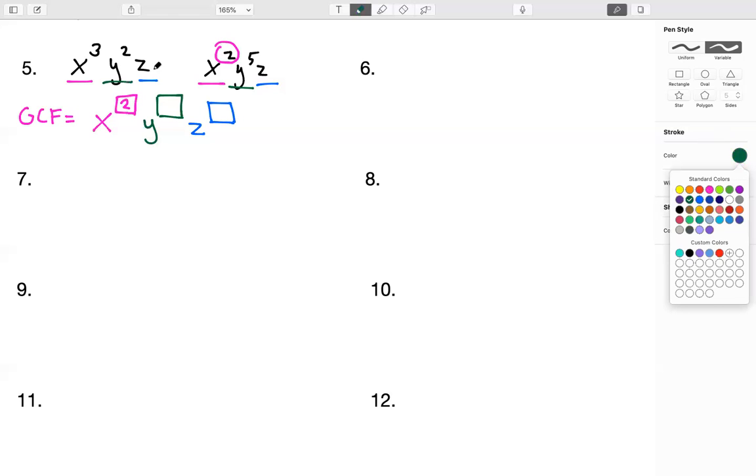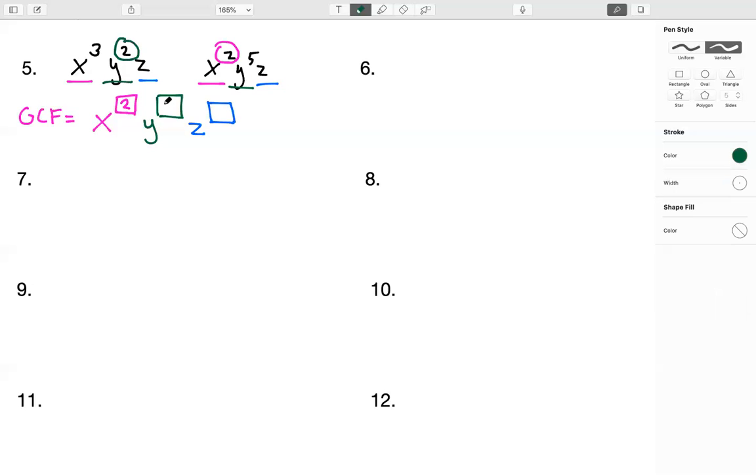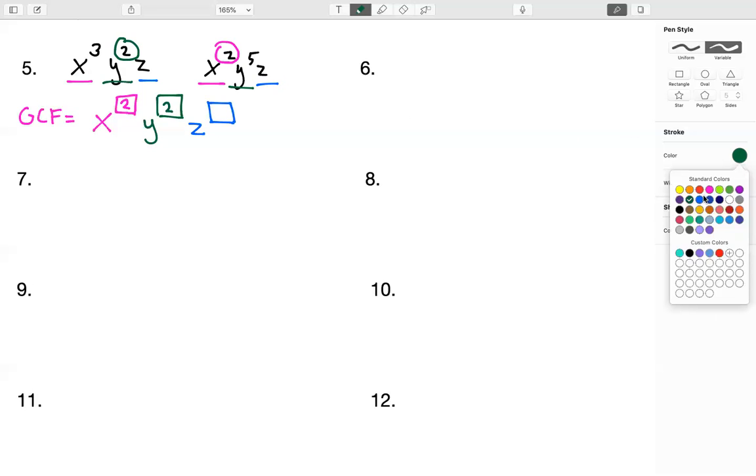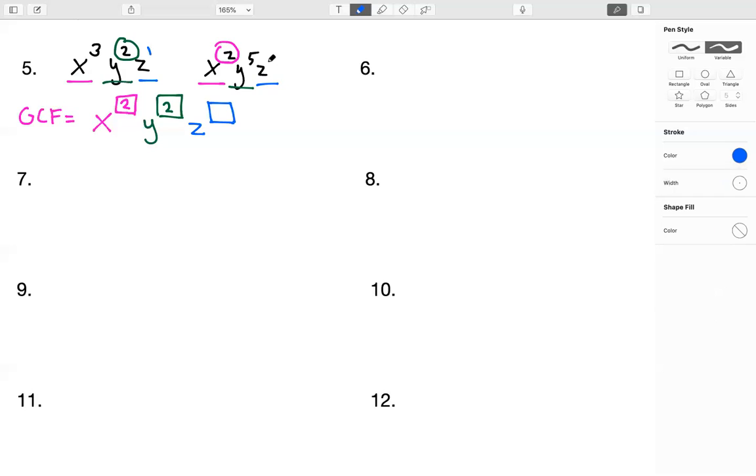Let's look at y. y squared and y to the fifth. Are the powers the same? No. Okay, that's fine. But which one is lower? The 2, clearly. So we're going to write the 2 in the box. And with z, z is just z to the 1.